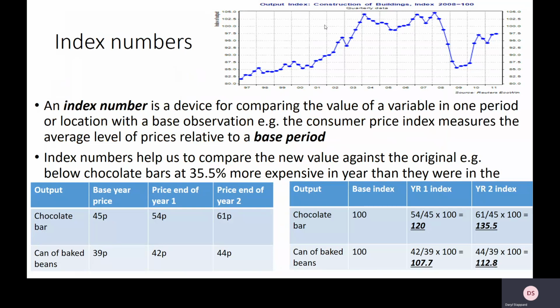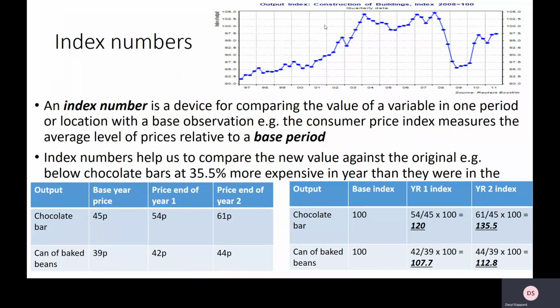We might use it to track how economies grow over time through index numbers. We can compare growth in one economy with growth in another economy. We could use index numbers to track how business values change on financial stock exchanges, etc. So it's a really, really useful tool to compare how the value of things are changing over time.